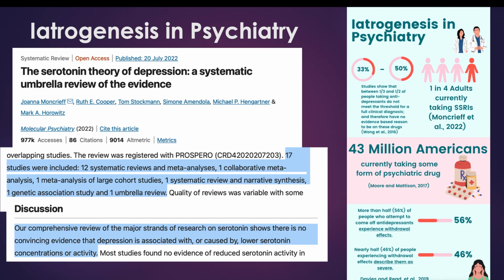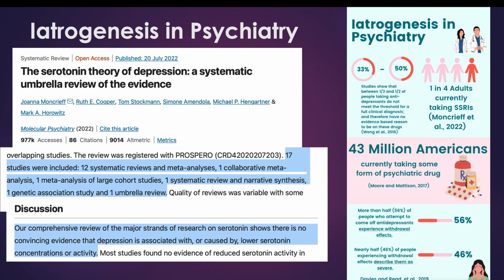This is a systematic umbrella review. Within the systematic umbrella review, they reviewed 12 systematic reviews. As I just explained, a systematic review is the highest form of academic literature because it looks at many different studies.